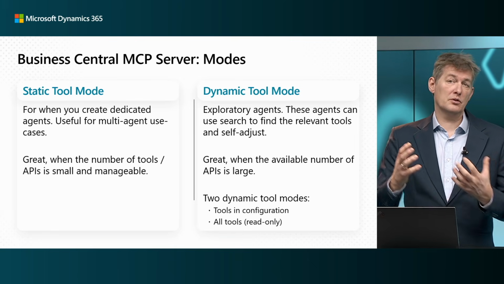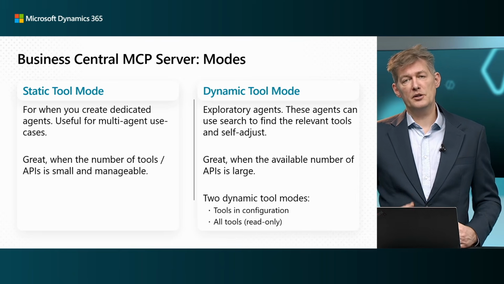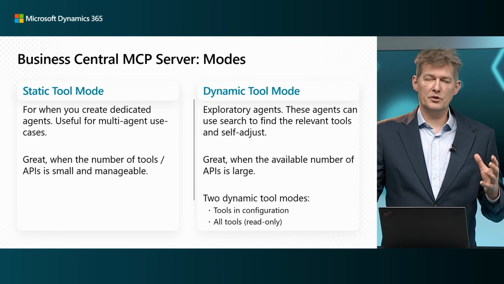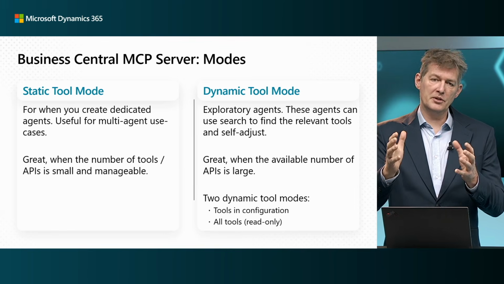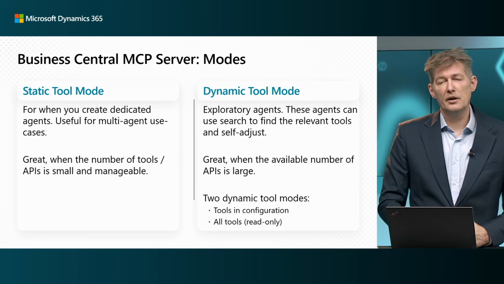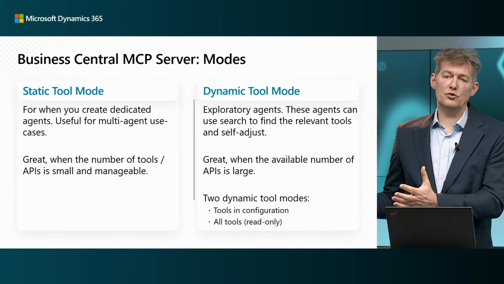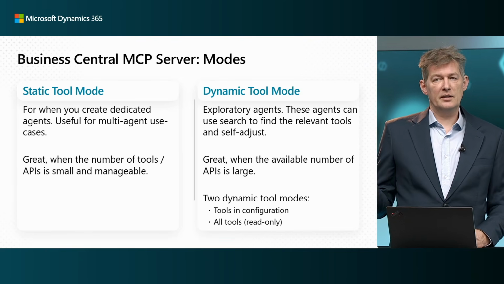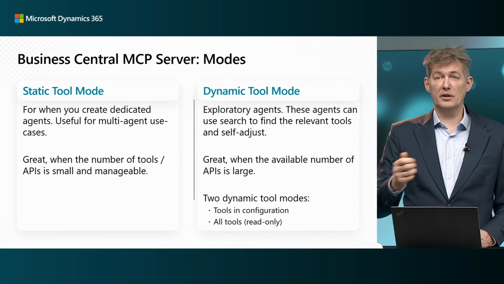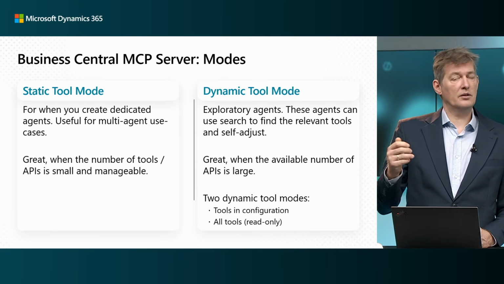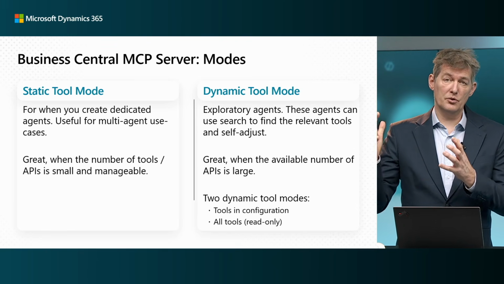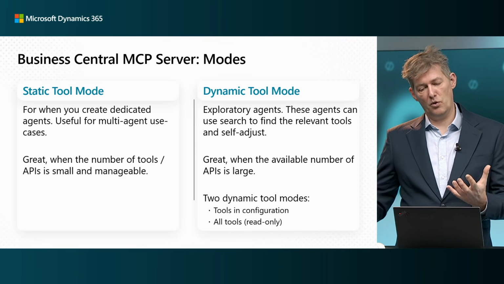Static tools, specific APIs, is probably where you have well-defined business processes, where you want to create an agent that is limited to something and you know exactly what this something is. Contrast that to dynamic tools, where the agent is likely more exploratory. It might even be a chat experience. So in that case, maybe you don't want to lock down exploring data to something specific, but actually want that broad experience.